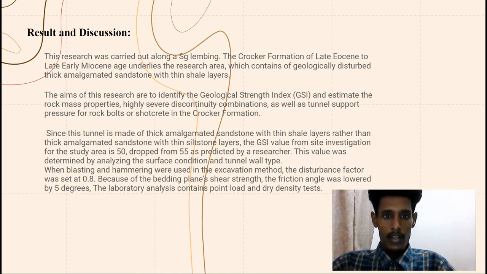When blasting and hammering were used in the excavation method, the disturbance factor was set at 0.8 because the bedding planes are sheared, the friction angle was lowered by 5 degrees. The laboratory analysis consists of point load and dry density tests.